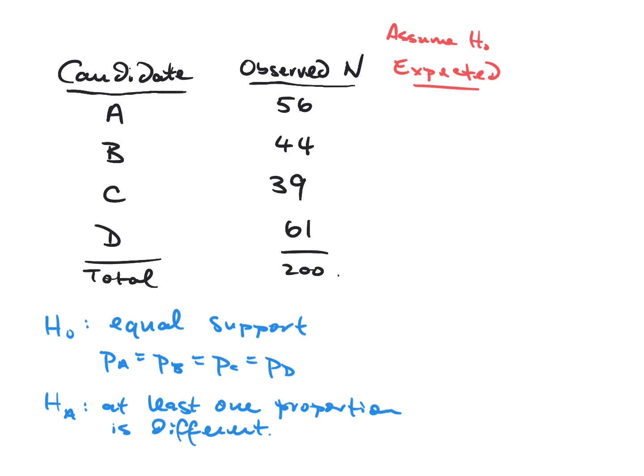We have 200 people. If the 4 candidates are equally liked, then we expect 50 people in each group, correct? So it's just 50, 50, 50, and 50.